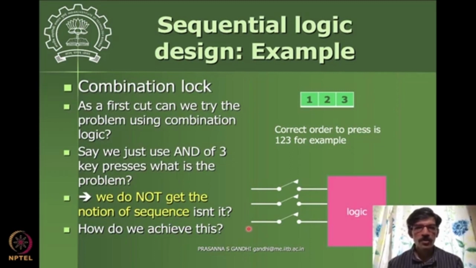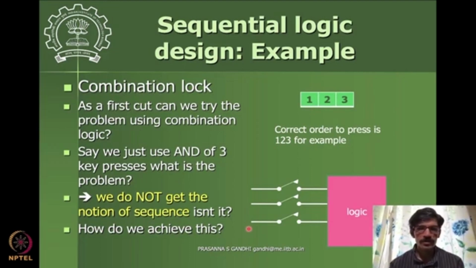So how do we design circuits which will achieve this kind of job? That is what sequential logic is all about, where combinational logic fails. Combinational logic is only: given a set of inputs, you have a fixed set of outputs. There is no notion of whether one key is pressed first or the other key is pressed first.